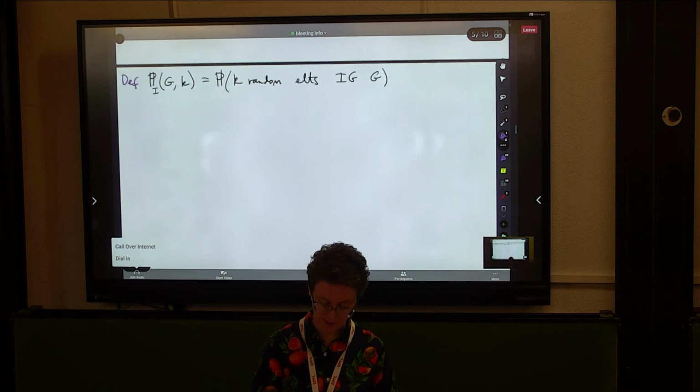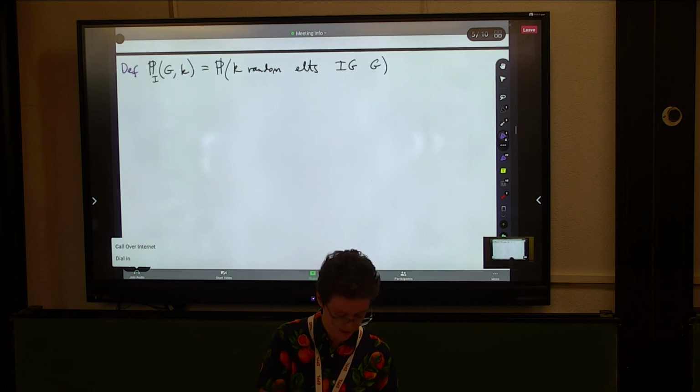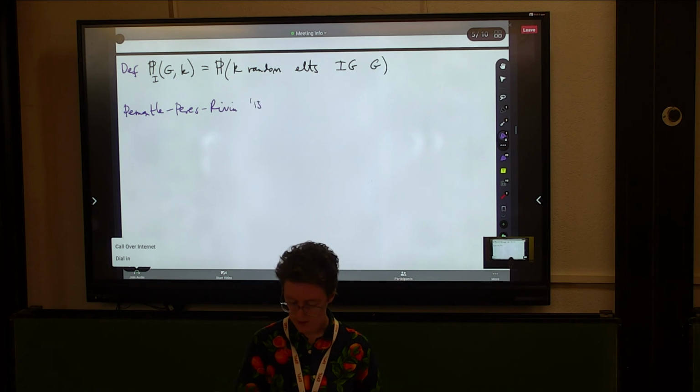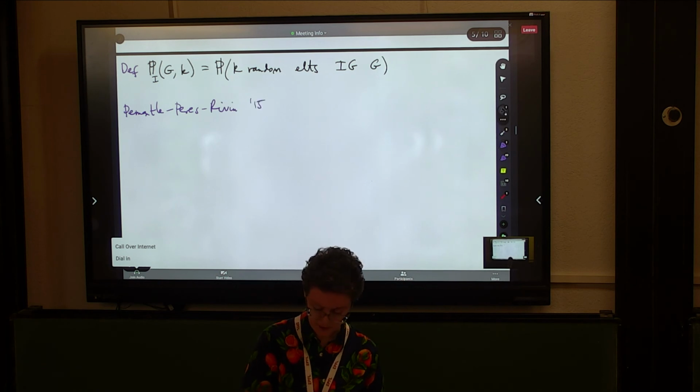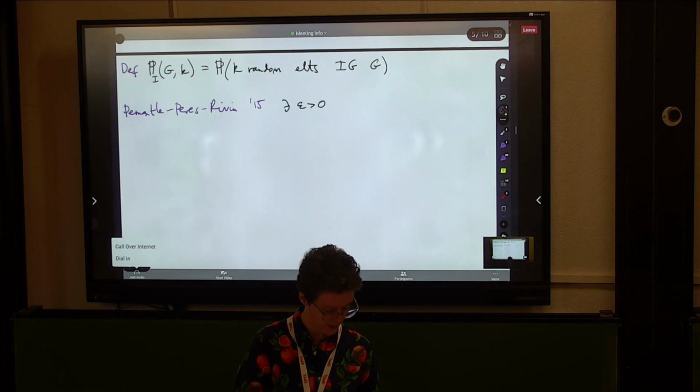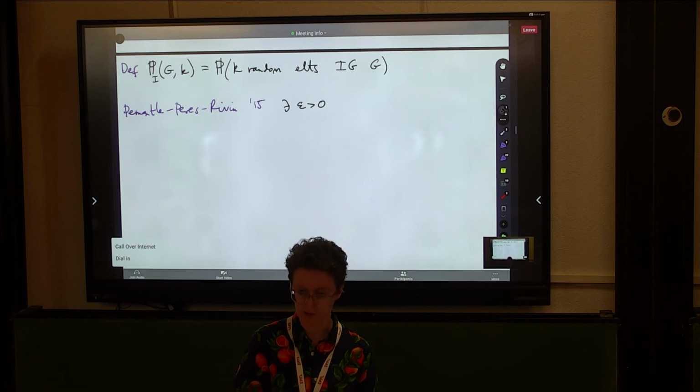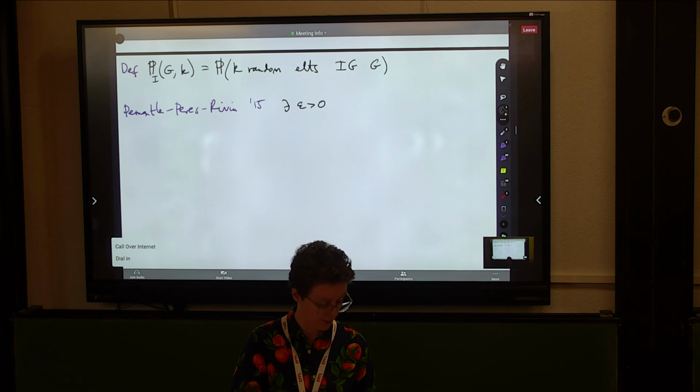And the results on this are relatively recent. In 2015, we learned that there's some absolute constant, epsilon, which bounds the probability away from 0 for k equal to 4.